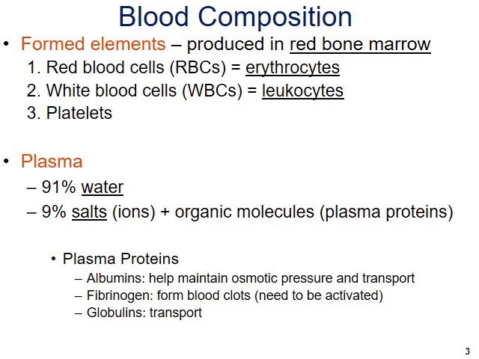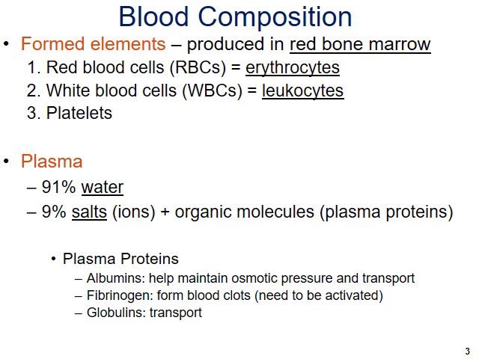And there's three big types of plasma proteins that might sound familiar to you, or if not, they will sound familiar later. So albumins are a protein that help maintain osmotic pressure and help with transporting items.